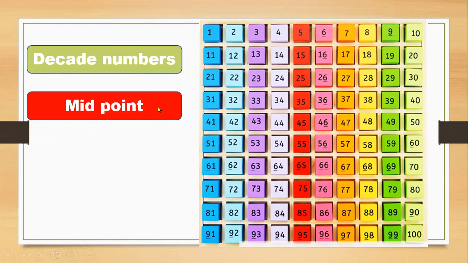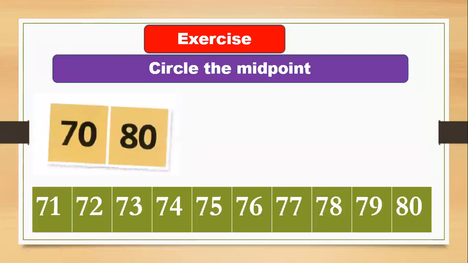As you can see in the red boxes, these are 15, 25, 35, 45. These are the midpoint numbers for each row. For example, this row starts from 71 and ends at 80, so the midpoint, the middle number, is 75.